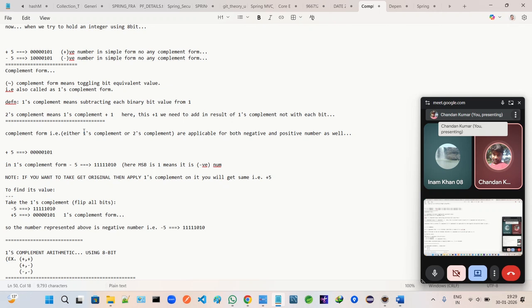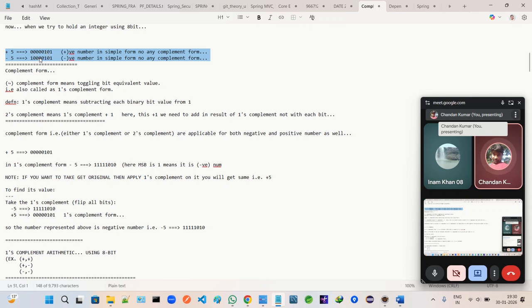You can Google it everywhere. So if we want to understand the working principle at memory level, we must be very clear in binary bits as well as complement form. So this is without any complement, positive value, negative value, right?